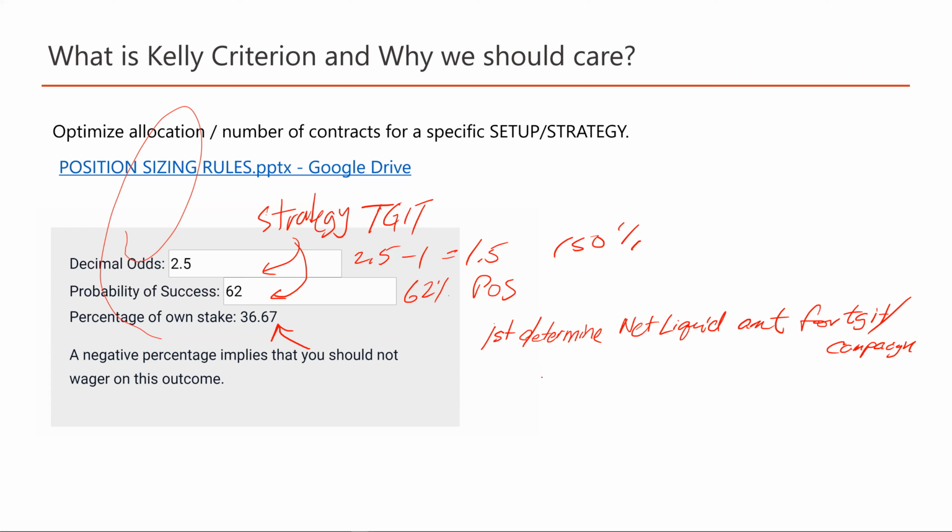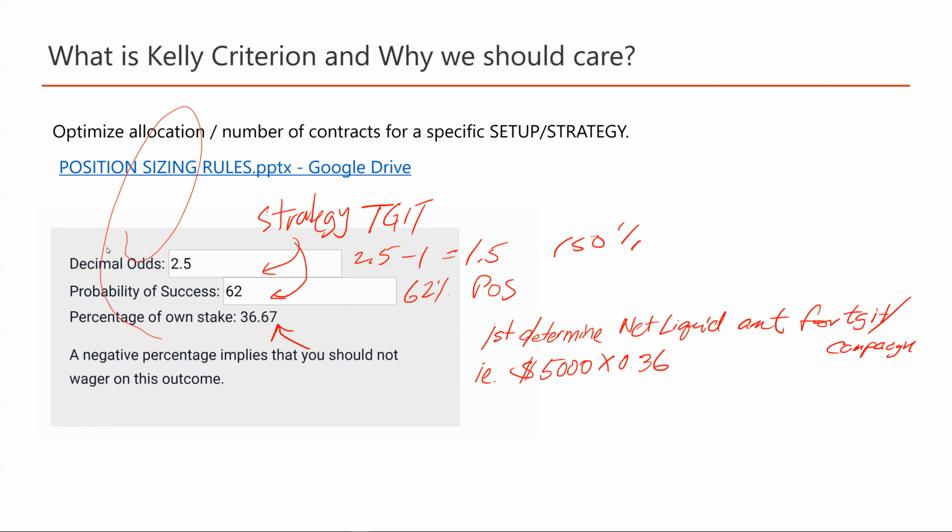So you may say, oh, Roger, I'm going to use like 10,000. Let's just say you use $5,000. So let's assume an example, $5,000. Okay. So from $5,000, then Kelly is saying you got to use 36% of that amount, right?